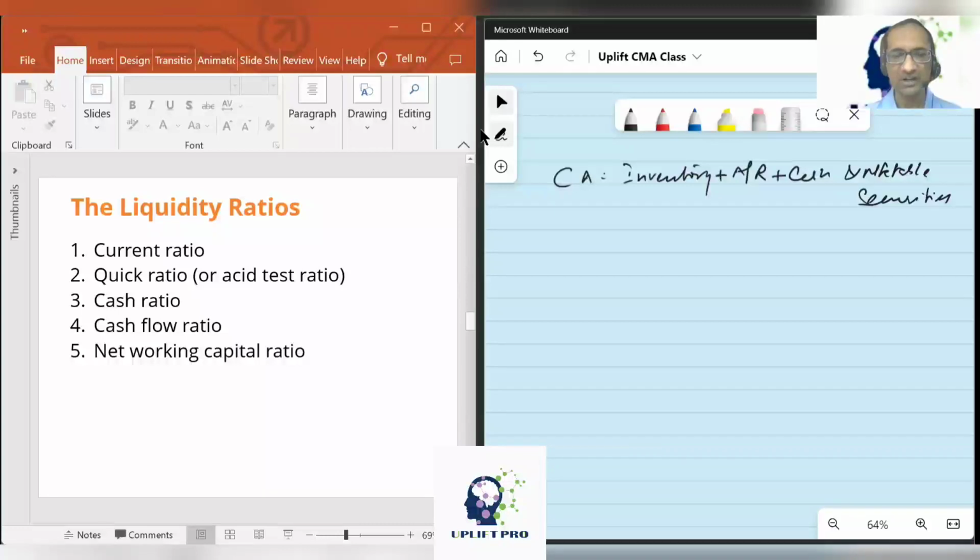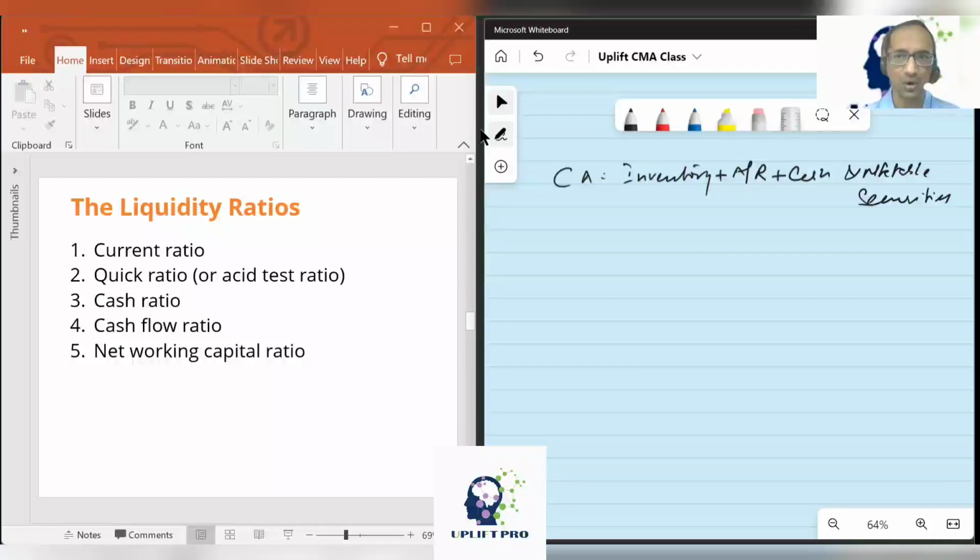For example, if you have $10,000 worth of treasury bills and you sell them in the market, you will get $10,000 worth of cash, or almost equivalent to $10,000. For example, you might get 9,995, so you're just getting $5 less than 10,000. Those are called marketable securities.